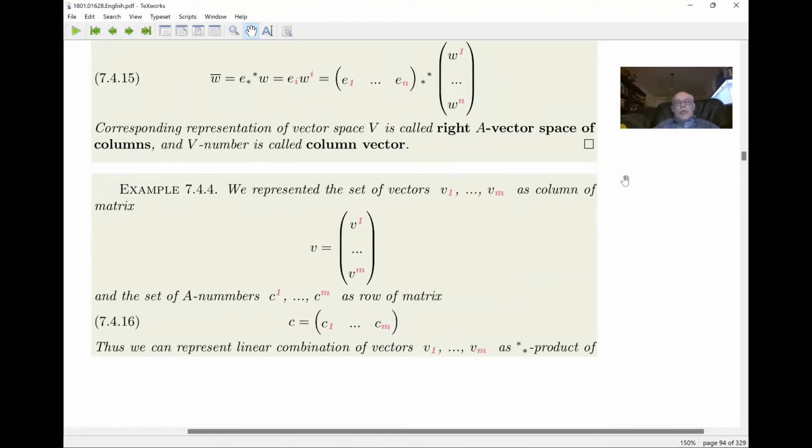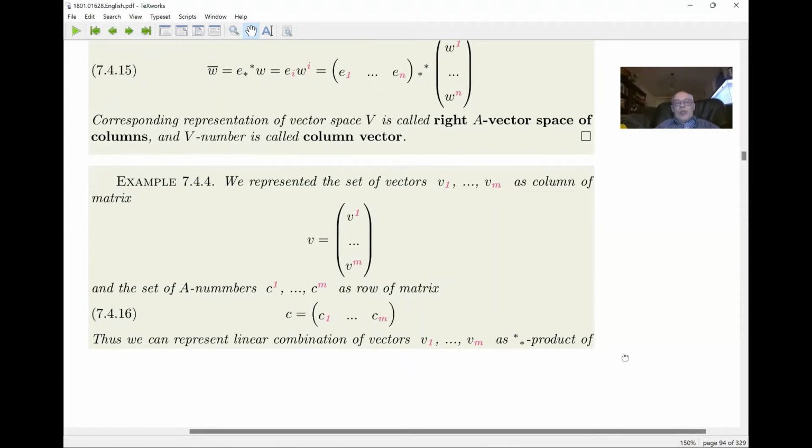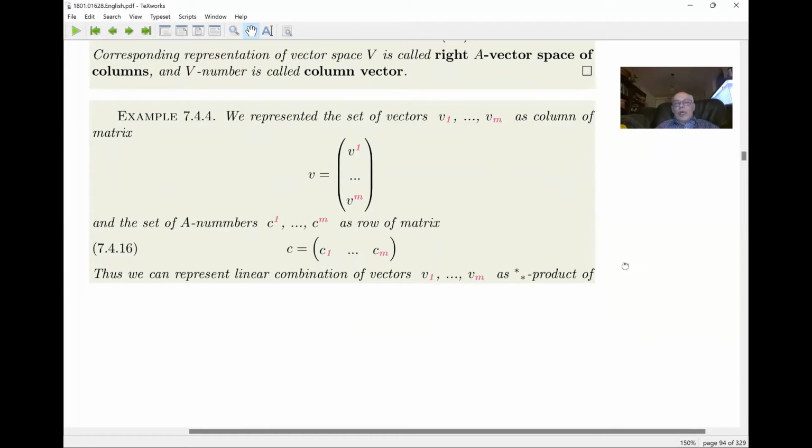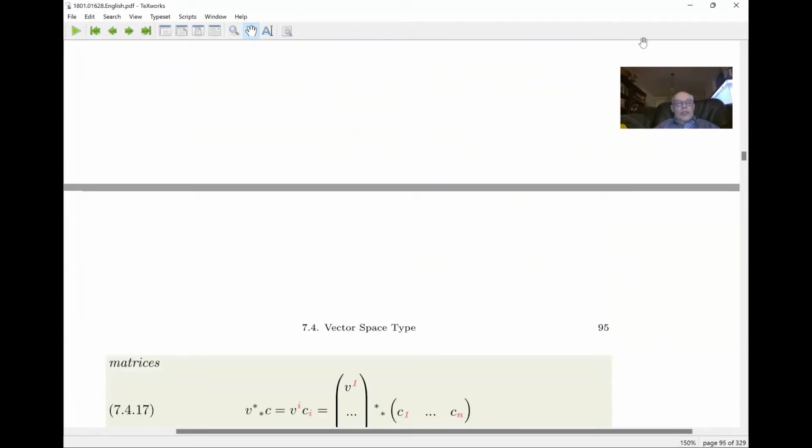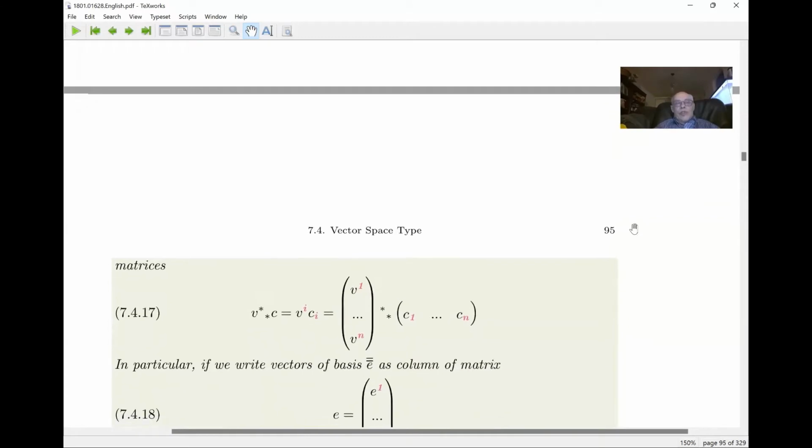Now we consider another type of vector space, and we represent the set of vectors v1, ..., vm as column of matrix V, and the set of A numbers c1, ..., cm as row of matrix C. Thus, we can represent linear combination of vectors v1, ..., vm as CR product of matrices 4.17.